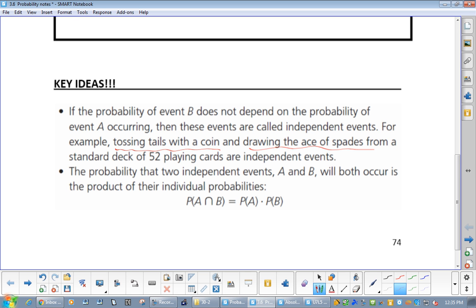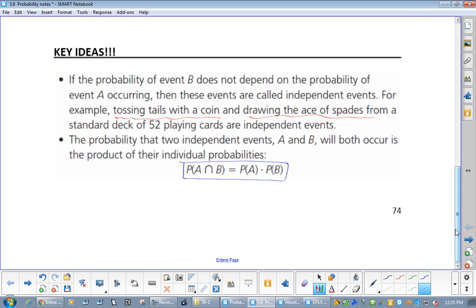Okay, they're independent. And for independent, all we have to do is the probability of A times the probability of B. So what's the probability of getting tails? 1 out of 2.